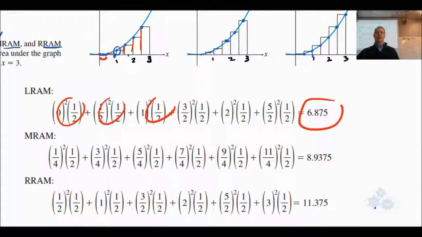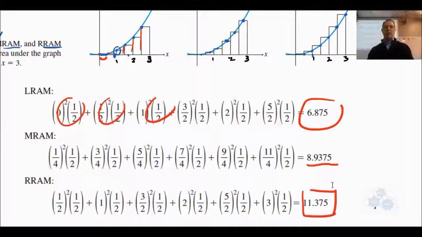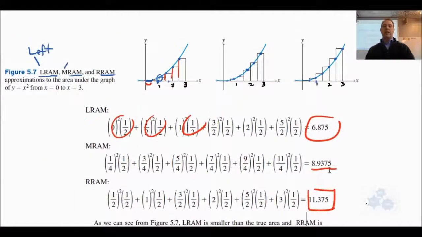And this is actually a little bit low because we haven't counted a bunch of things. Over here, MRAM, or middle RAM, this is 8.9, and right RAM, we've overcounted, so it's definitely higher. All right? So these are the different rectangular approximation methods, LRAM, MRAM, and RRAM.